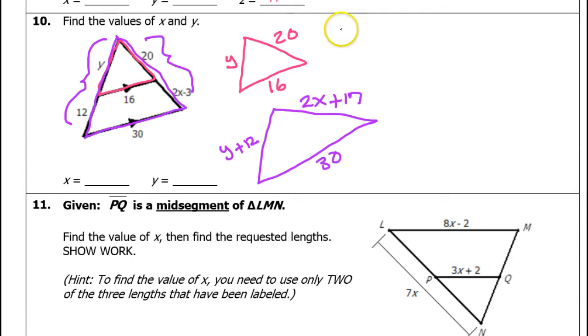Okay, so now we can go ahead and set up our proportions in the form new over old is equal to new over old. I'll call this one old and I'll call this one new. Doesn't really matter, just got to choose.